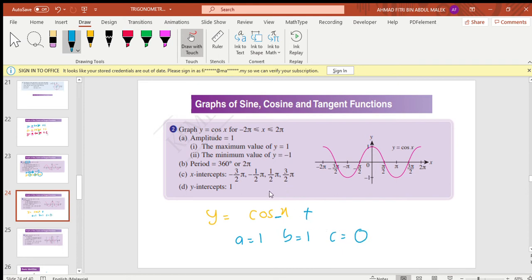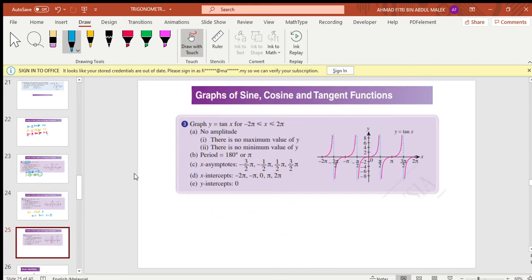Tangent x also: y = tan x, where a is 1, b is 1, c is 0.